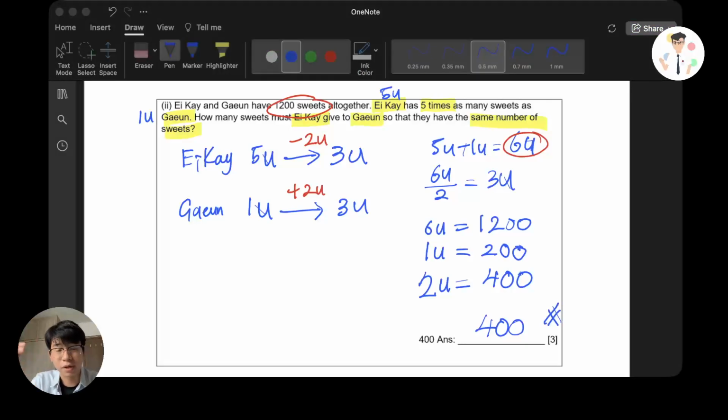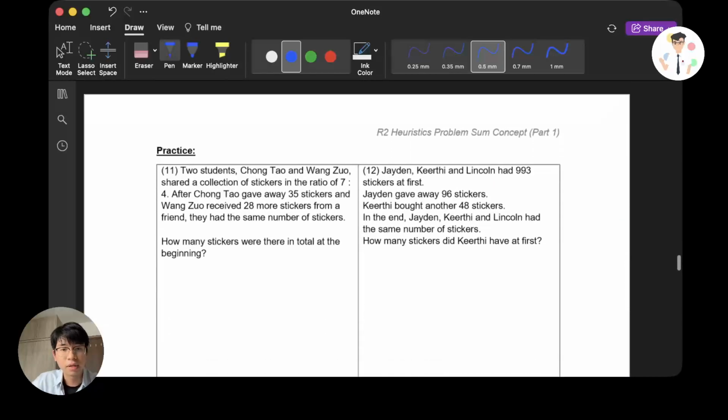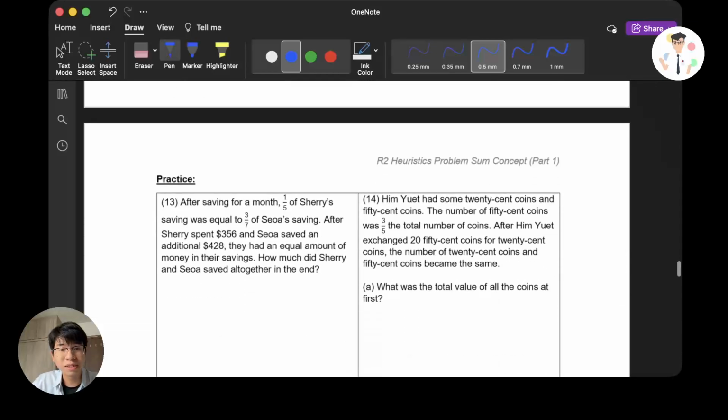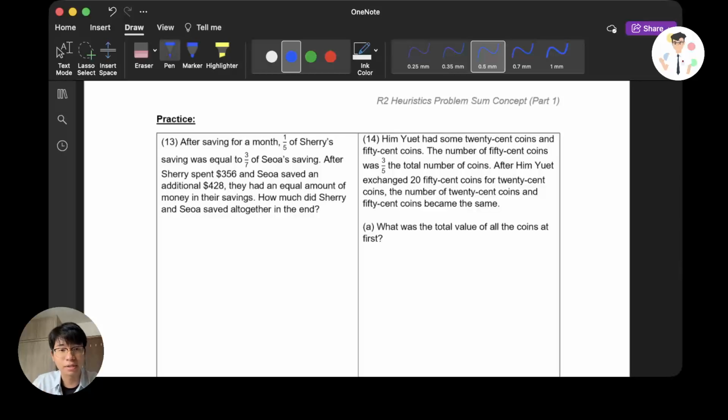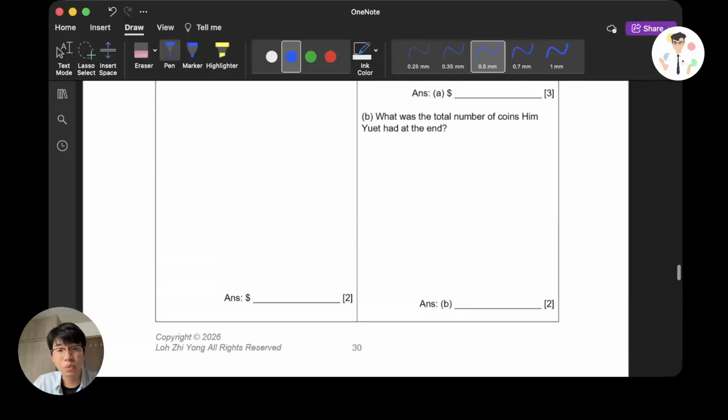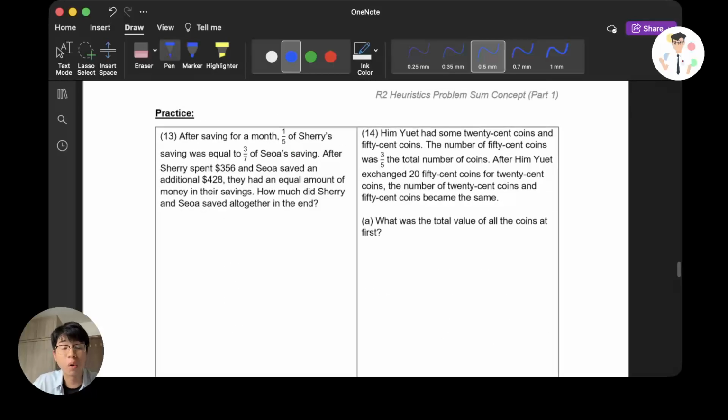Now, I believe that you kind of understand the idea of how this equal concept type 3, equal stage after, works. What is important here is the questions that you'll be seeing next in this booklet. Some of them are very similar to what we have done, but you will also see questions like question 13 and 14 that combine with type 1, common numerator.